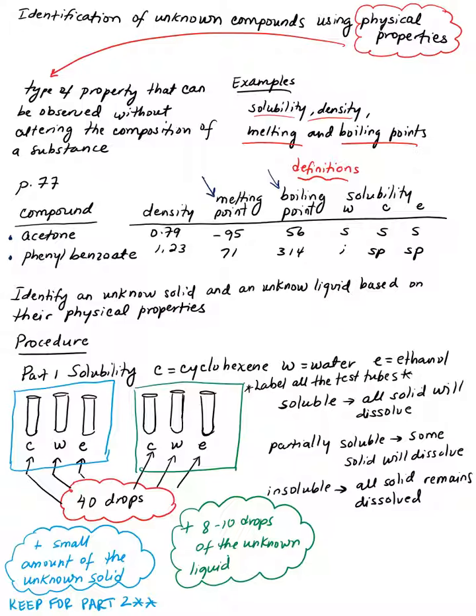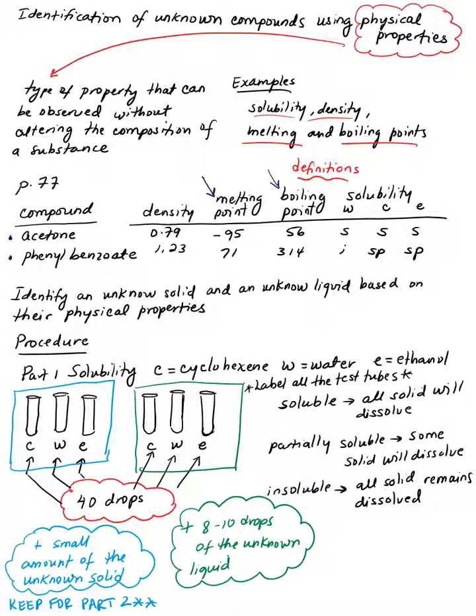Boiling point is the temperature at which your liquid becomes a gas. So you have water at room temperature as a liquid. For water to be converted to a vapor, you have to heat up water all the way to 100 degrees, which is the boiling point for water, and then water will start evaporating.